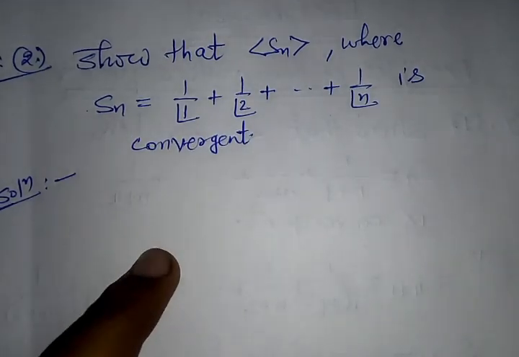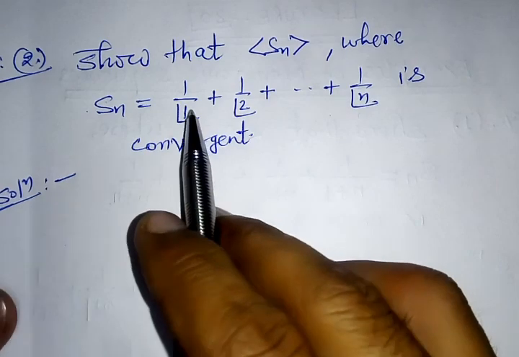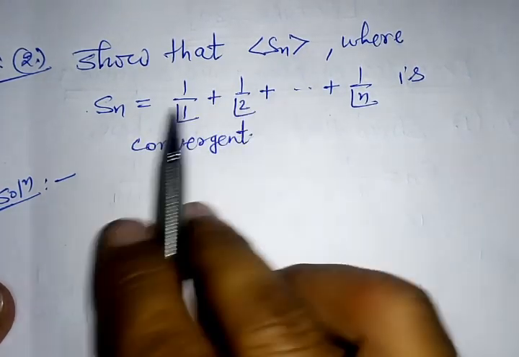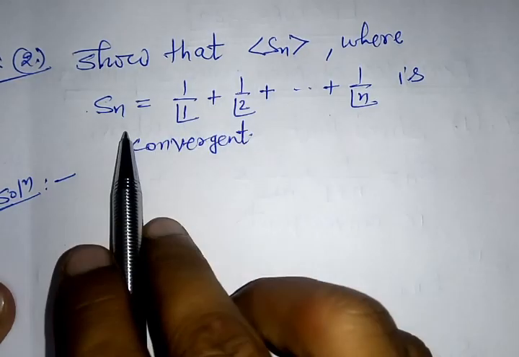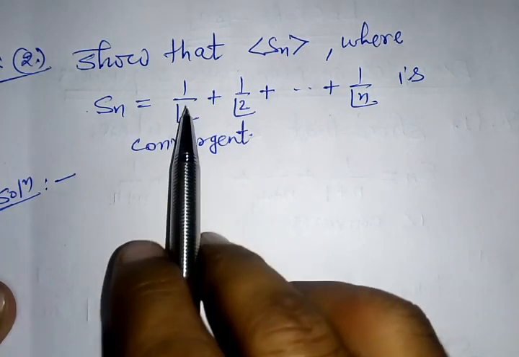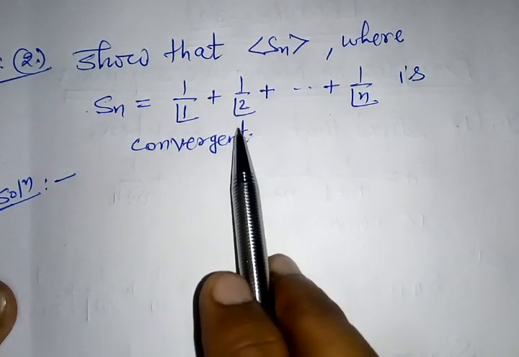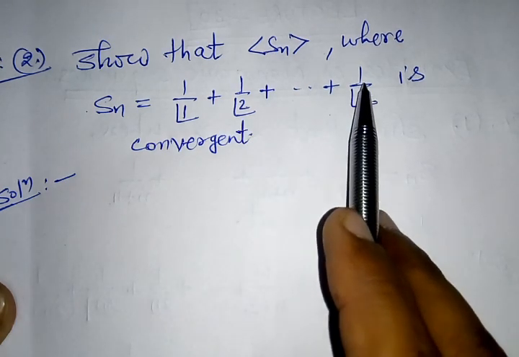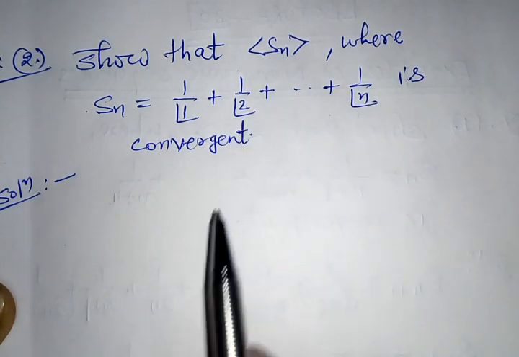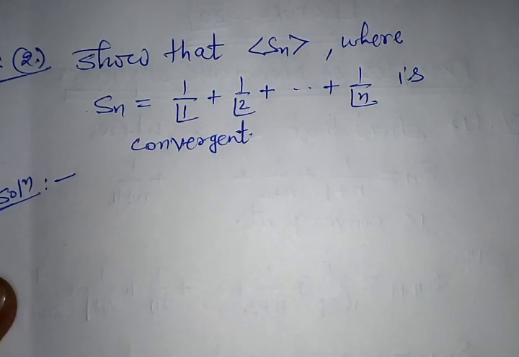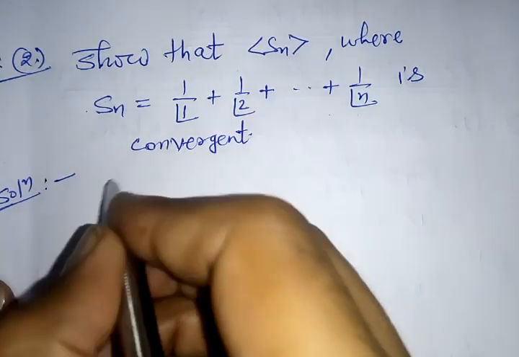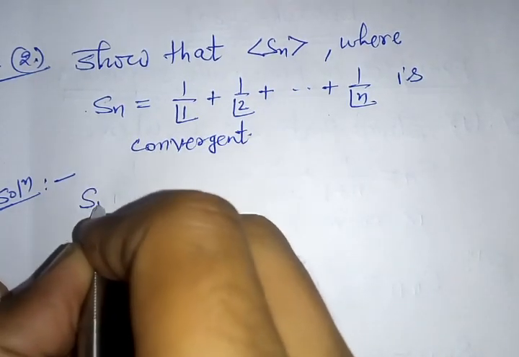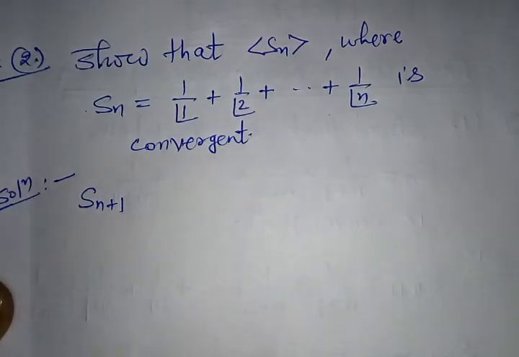Next example we are going to solve: if the sequence Sn is equal to 1 upon factorial 1 plus 1 upon factorial 2 plus and so on up to 1 upon factorial n, we have to prove that this sequence is convergent. So how can we prove it? First, write Sn plus 1 equal to 1 upon factorial 1 plus 1 upon factorial 2 plus and so on, 1 upon factorial n plus 1.